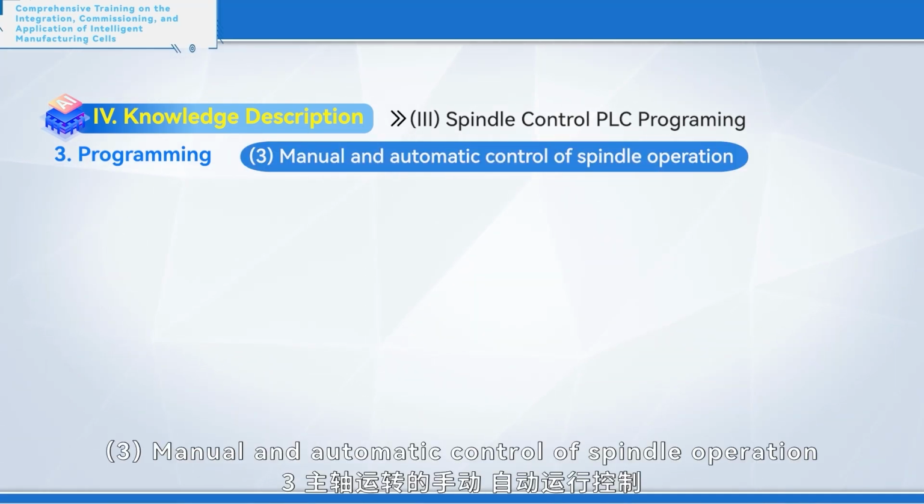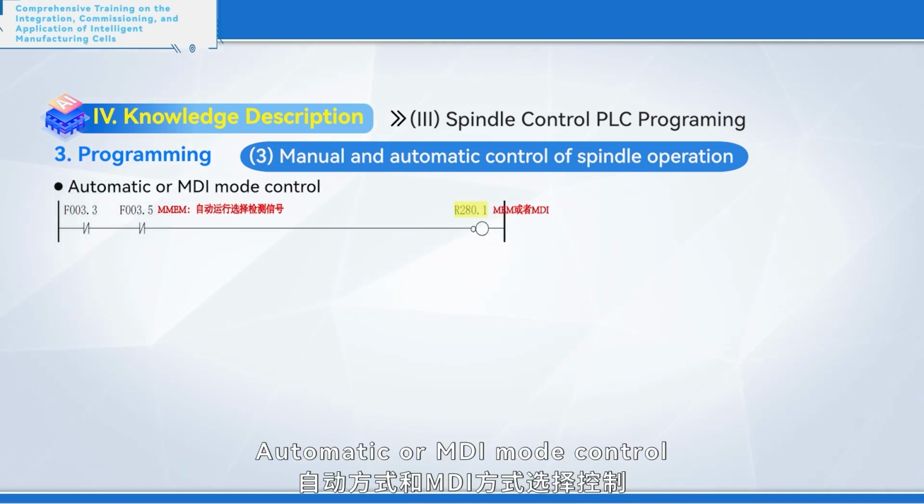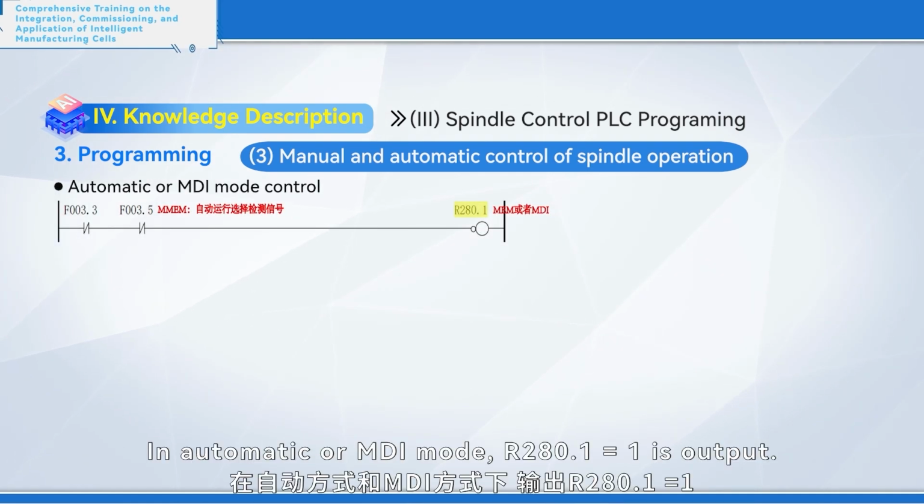3. Manual and automatic control of spindle operation. Automatic or MDI mode control: in automatic or MDI mode, R280.1 equals 1 is output.